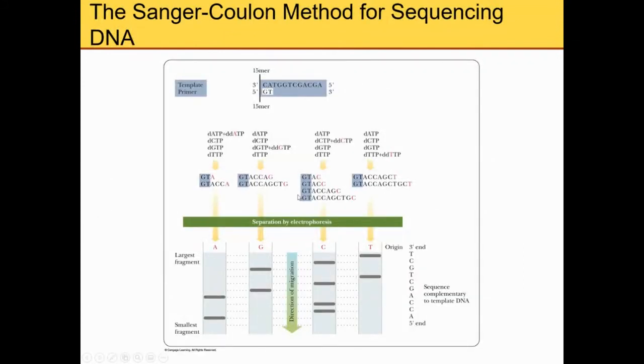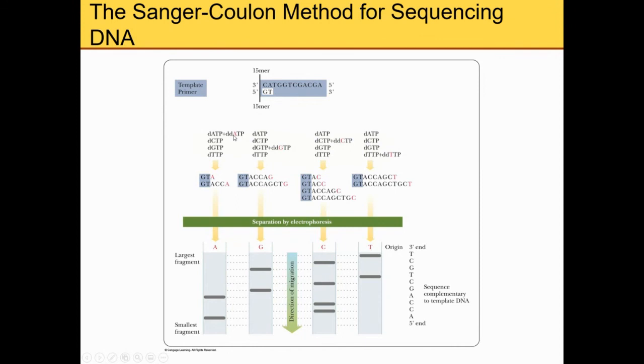So for example, the template, all right. You have the template, and then you start performing the synthesis, and you need to perform 4 different reactions, all right. In the first reaction, you add the 4 deoxynucleotides plus 1 specific dideoxynucleotide. So let's say it's dideoxy A, all right.